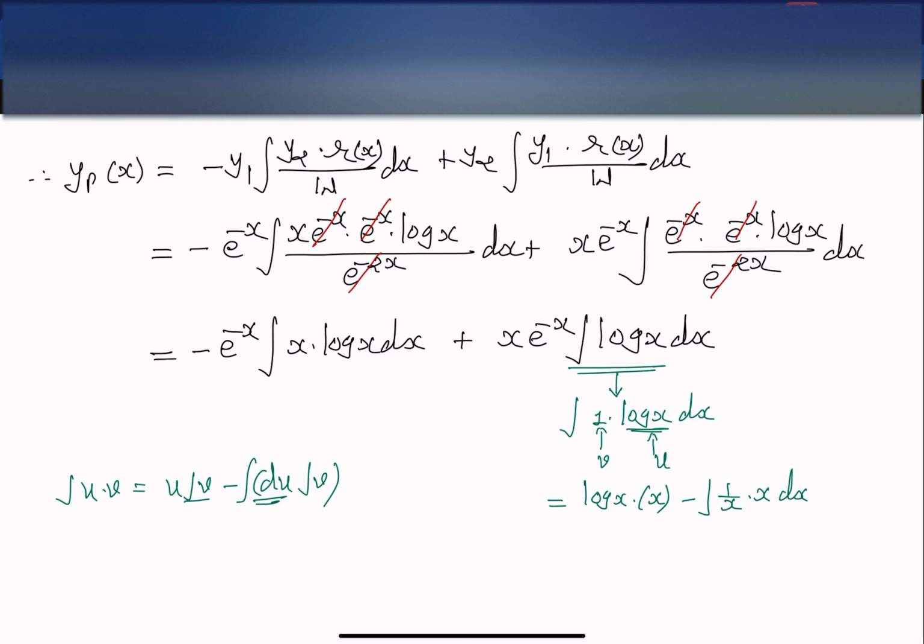So here x and x will be cancelled out, so only 1 is remaining. Therefore this is x log x minus integration of 1, which is x. So if I take x common, then this is x(log x minus 1), right?